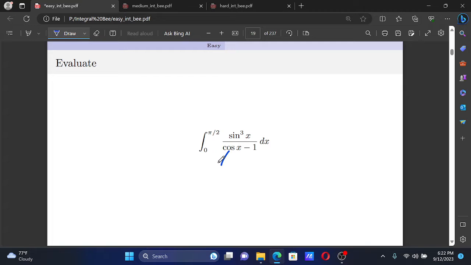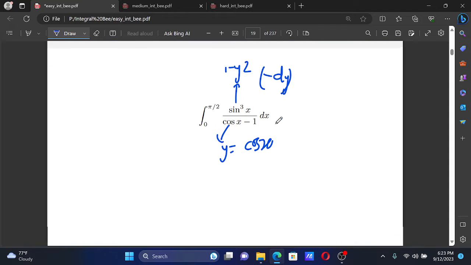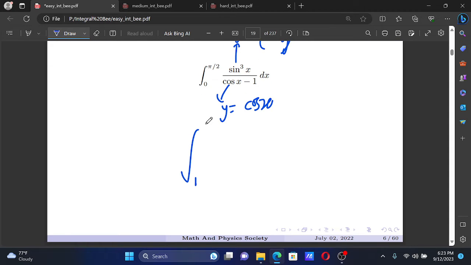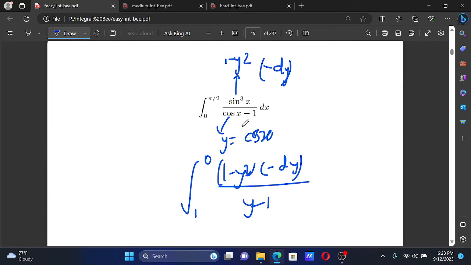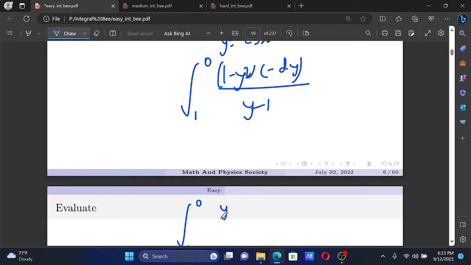For this problem we can let y equal cos x, and then we have here sine square x, which is 1 minus y square, and sine x dx, which is minus dy. After that we have the integral from 1 to 0 of (1 minus y square) times minus dy by (y minus 1), and then we can just use this minus sign to change it into (y square minus 1) by (y minus 1) dy.